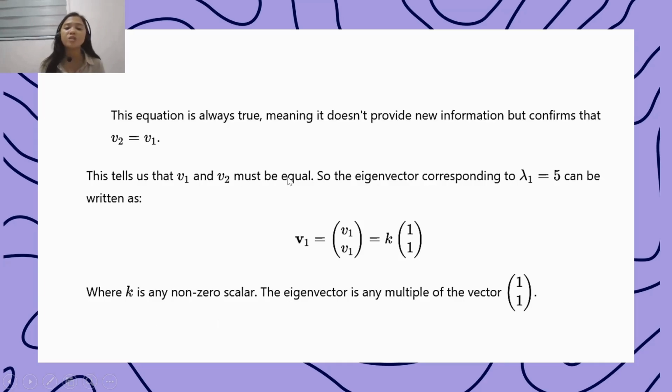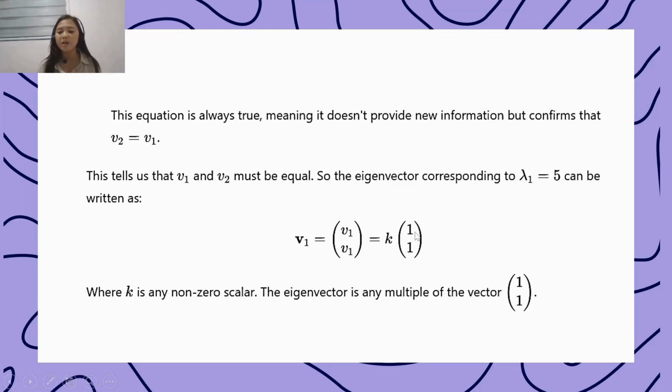So this equation is always true, meaning it doesn't provide new information but confirms that v sub 2 equals v sub 1. This tells us that v sub 1 and v sub 2 must be equal. So the eigenvector corresponding to lambda sub 1 equals 5 can be written as, so we will just find the numerical coefficient of this one.